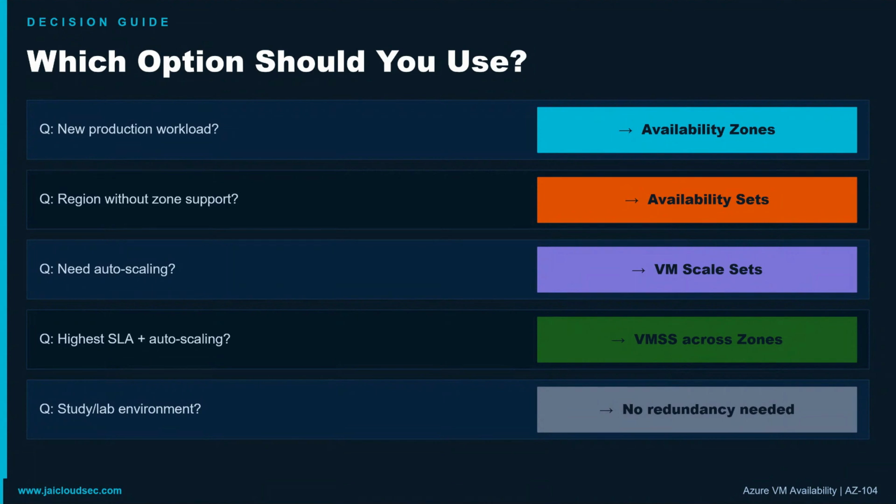Use Azure Virtual Machine Scale Sets. Need the absolute highest SLA plus autoscaling plus flexibility? Use VM Scale Sets deployed across availability zones. Study or lab environment? No infrastructure redundancy required. You do not need the cost or complexity.